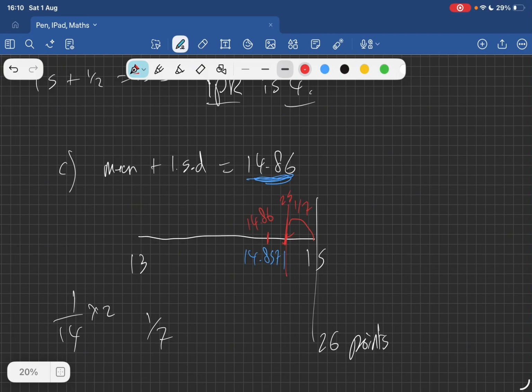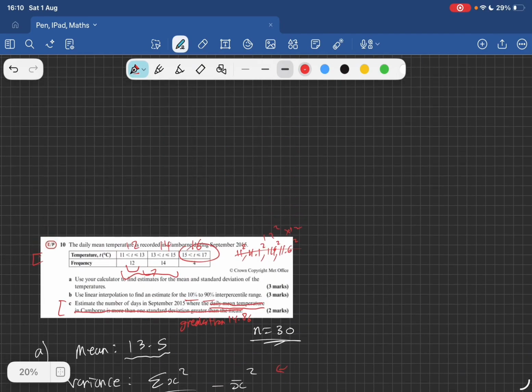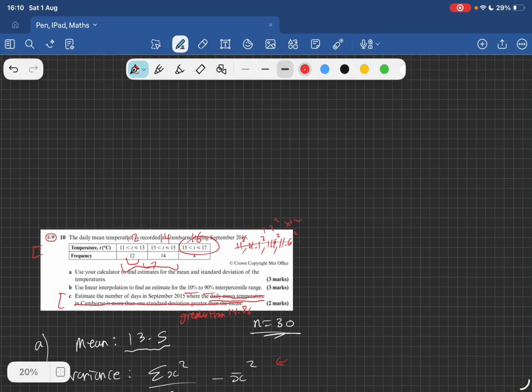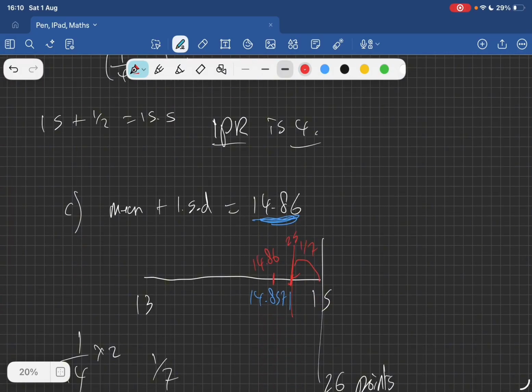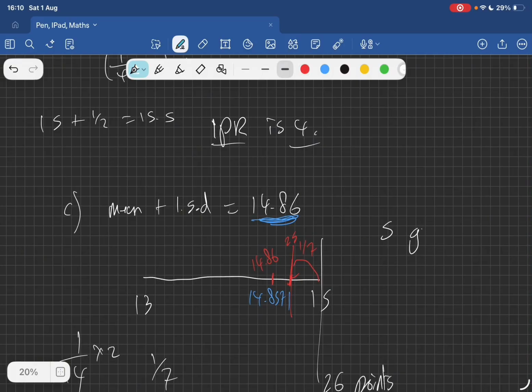The question was how many are greater than this? Well, you've got 5 greater than it, so our answer here is 5, because we've got 30, 29, 28, 27, and 26.